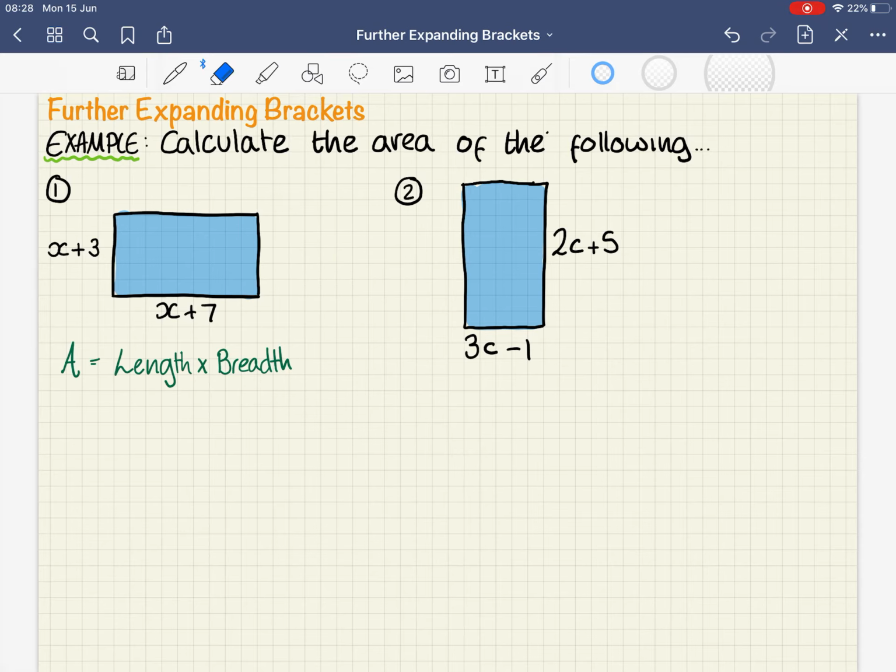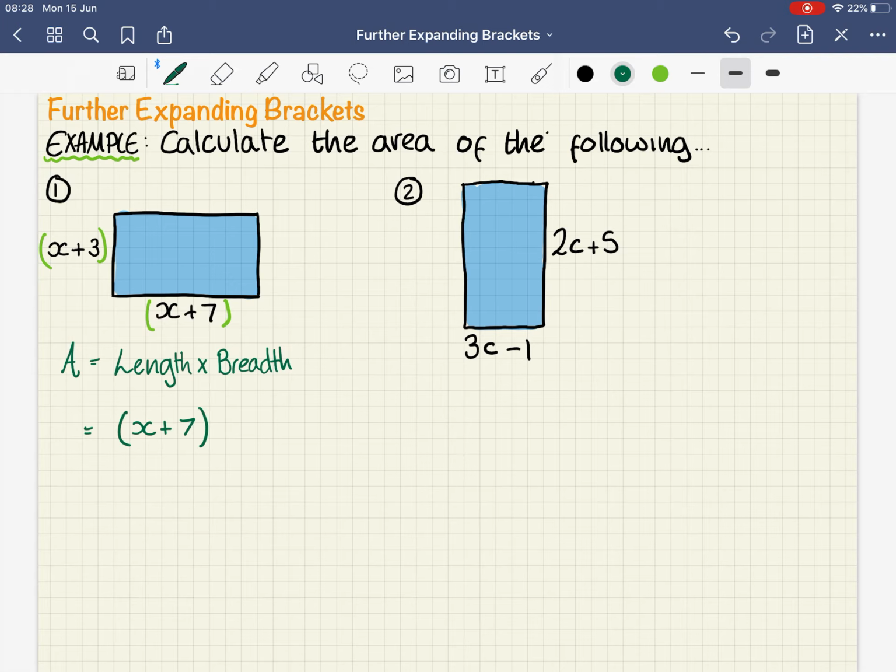Now, the one thing you must always make sure you do is when you see a little group representing a length or something, put brackets around it. So I'm going to put brackets around these because that's going to save us some potential errors from occurring. So my length times breadth, it doesn't matter what way round I write them, I'm going to have my two brackets multiplied.